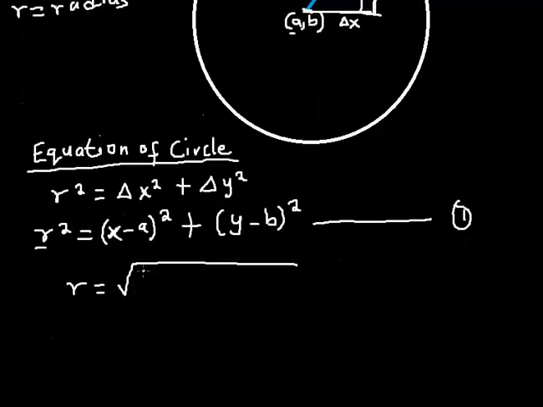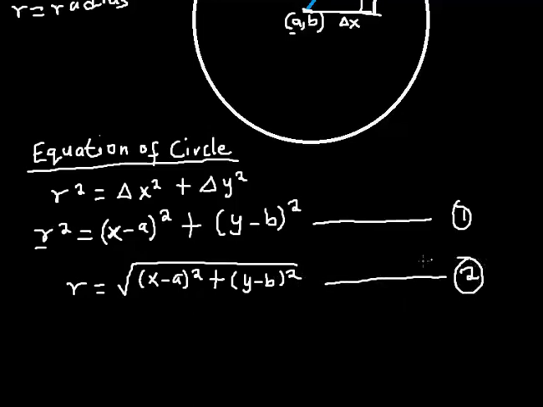So the radius will be equal to the square root of x minus a all squared, plus y minus b all squared. So this is the formula for the radius. Now let's look at some examples.